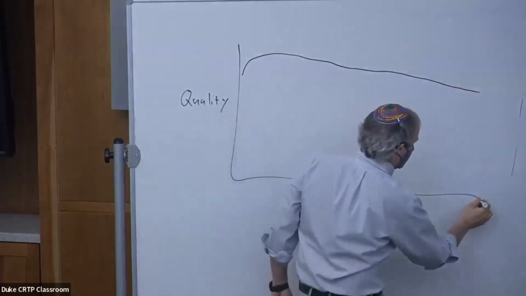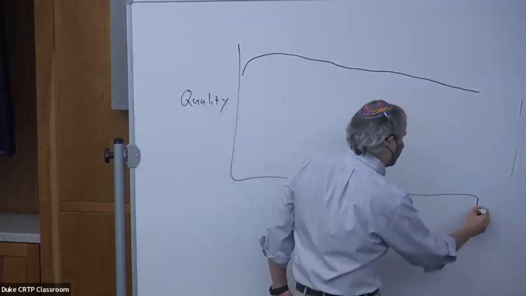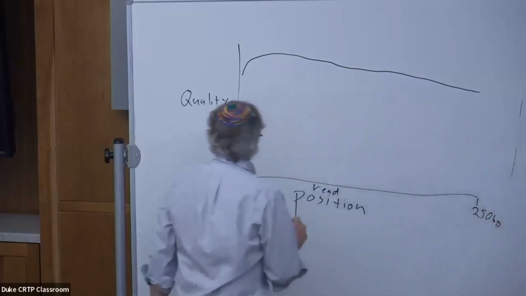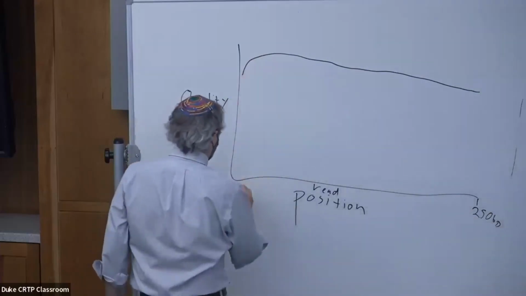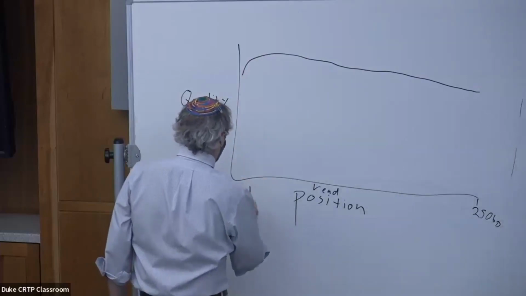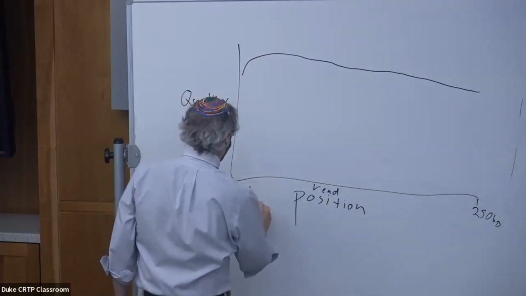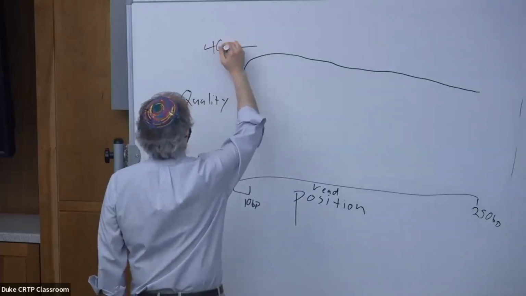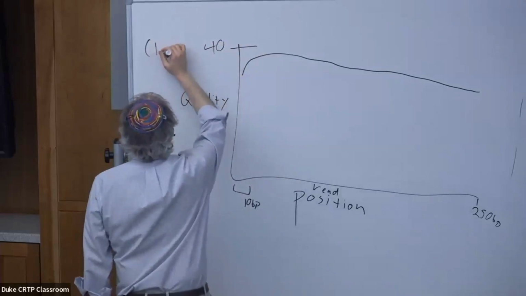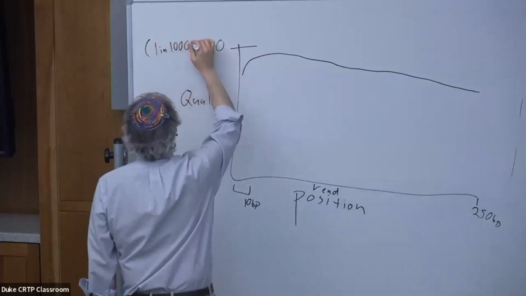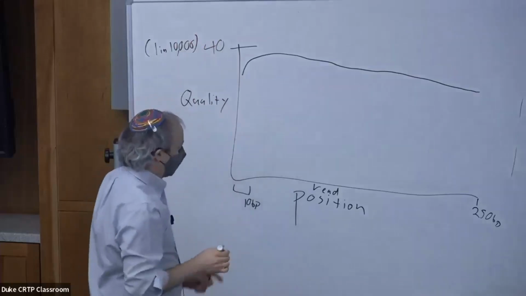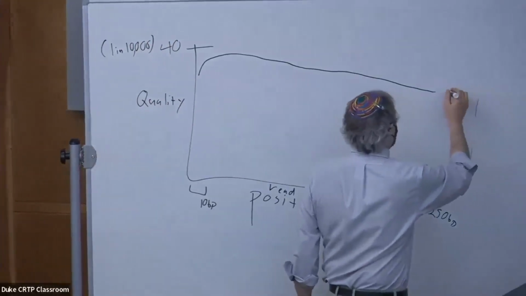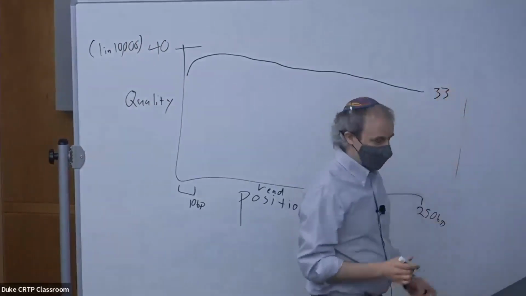It depends on the machine and what year, but let's say this goes out to 250 base pairs. There's a little bit at the beginning, about the first 10 base pairs, where it's a little bit lower quality. Then here it's going to be a Phred score of about 40, which is a 1 in 10,000 error rate. And out here, it's going to be about a 33 Phred score.